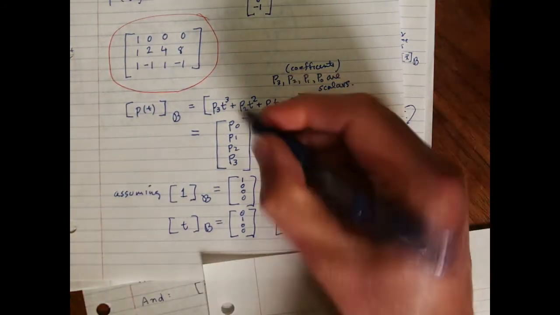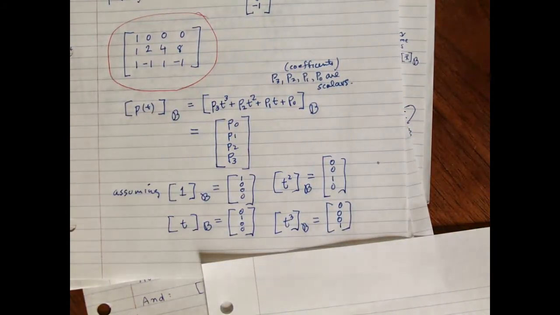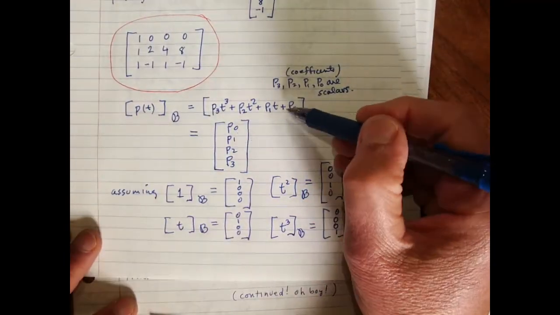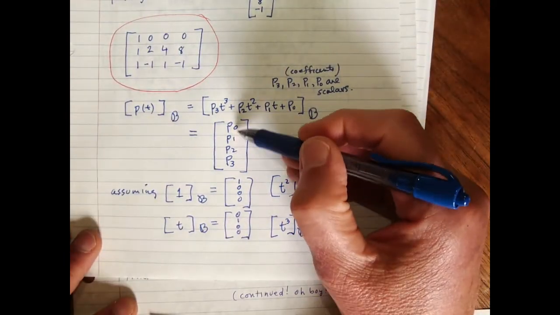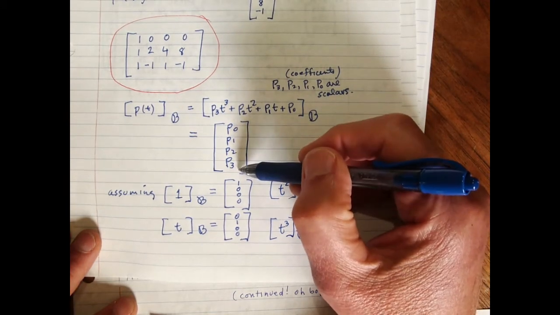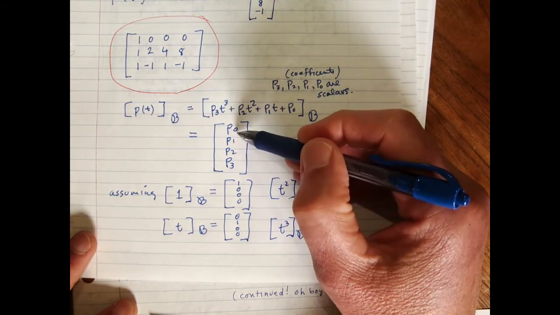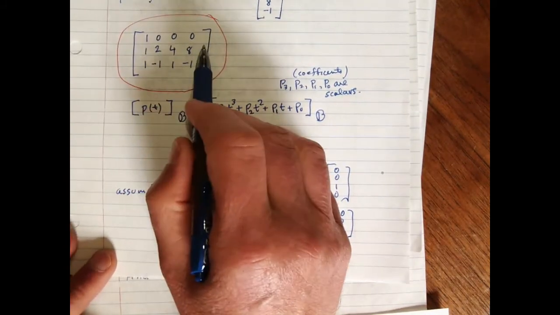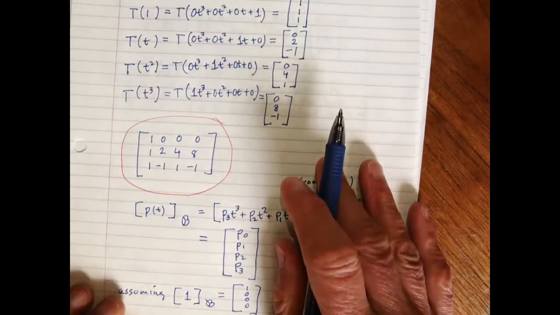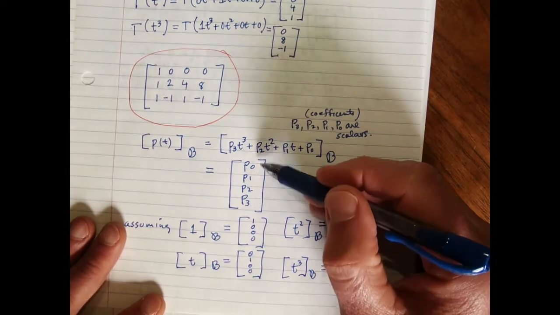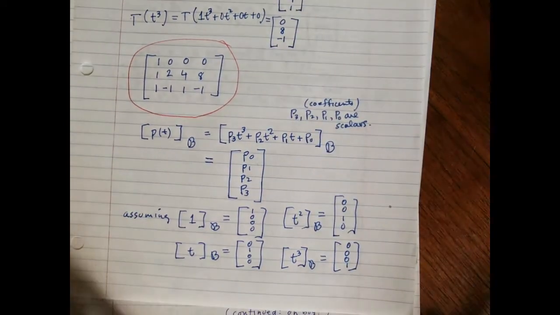Okay. And why did I go in order from p0 to p3? Why did I start with the constant coefficient and work my way up? There's really no rule here. I could have gone in either direction as long as I'm consistent. And actually, this ordering of the columns in our matrix really matches this ordering of the coefficients of the polynomial.